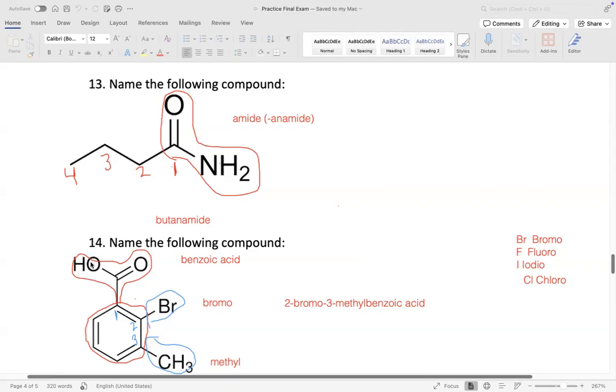So this OH turns to a nitrogen and a hydrogen. You won't see it on the test, but you will see the benzamide on your OWLs. And the only example on the test is this benzoic acid, this one right here? Correct. Okay.